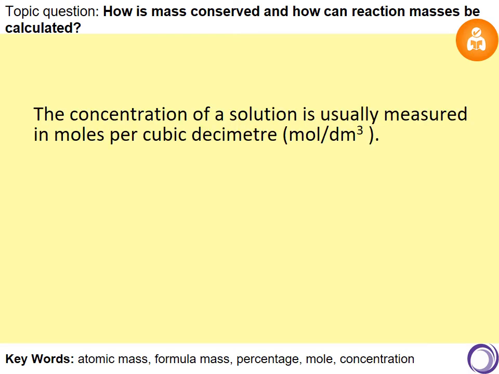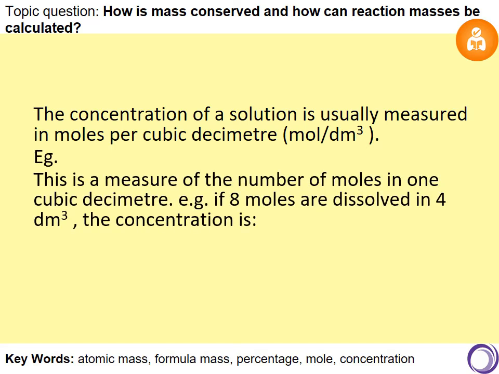So as we said, concentration is usually measured in moles per decimetre cubed. So for example, if I had 8 moles dissolved in 4 decimetres cubed, the concentration would be 8 divided by 4. So the concentration would be 2 moles per decimetre cubed.